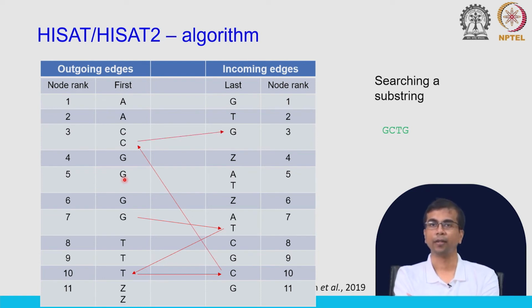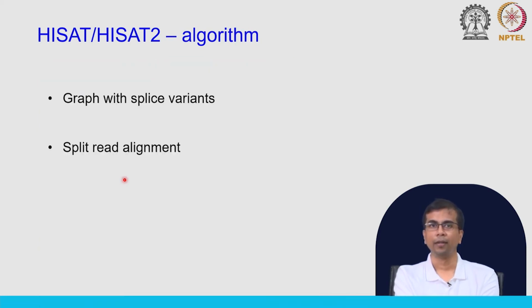So, we have found the substring GCTG. It follows the same way that we have discussed before, and we can find any substring that we want. So, what you can now imagine is that we can extend this graph to generate a graph with splice variants, and we can do split read alignment, because of this flexibility that is built into this algorithm.